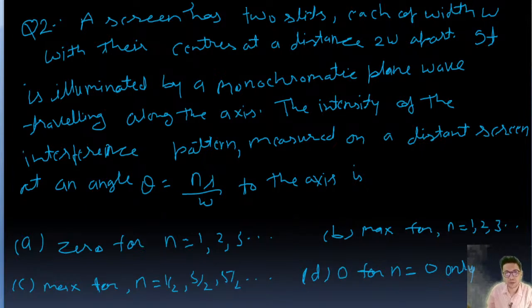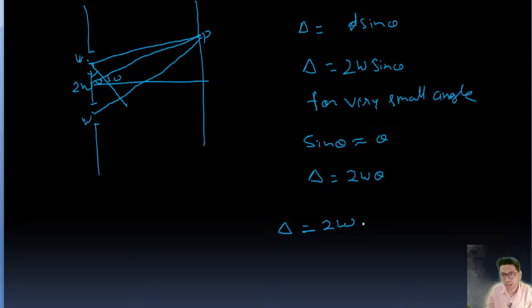So delta is going to be 2 omega, and theta is n lambda upon w. My apologies, it's w, so w will get cancelled. So delta is going to be 2n lambda.